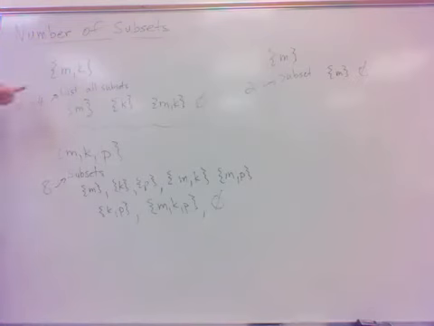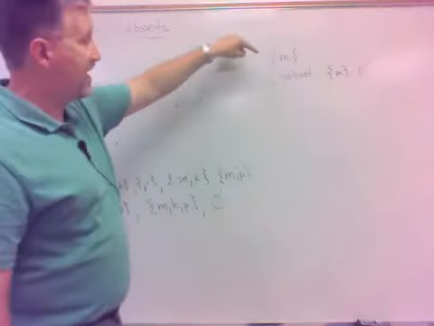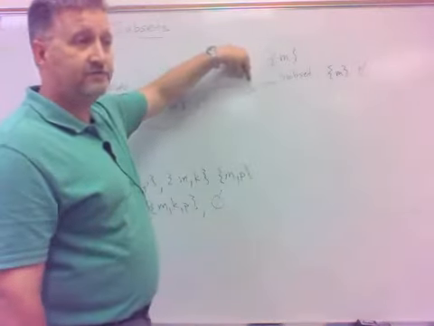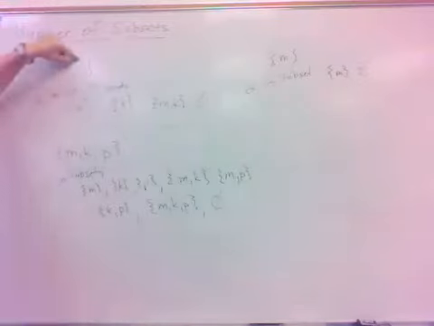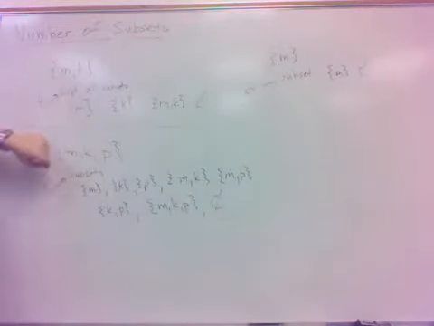Well, this one we had 4. We added an element, we had 8. What seems to be happening there? Well, let's look at it from here. If I only have 1 element, I have 2 subsets. If I have 2 elements, I have 4. If I have 3 elements, I have 8. What seems to be happening there? Aren't they doubling every time?